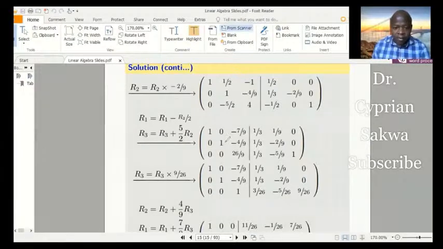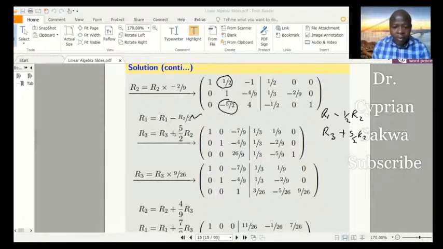How do I get a 0 here? For me to get a 0 here, I require that I take row 1 minus a half of row 2. That's what I wrote. And for me to get a 0 here, I require that I take row 3 plus 5 over 2 of row 2.